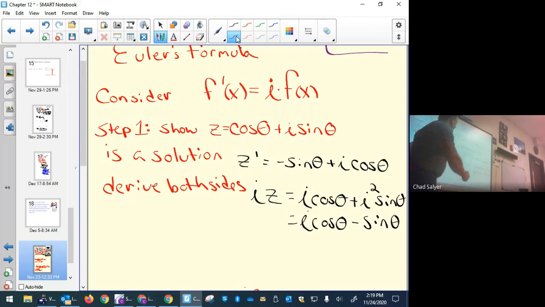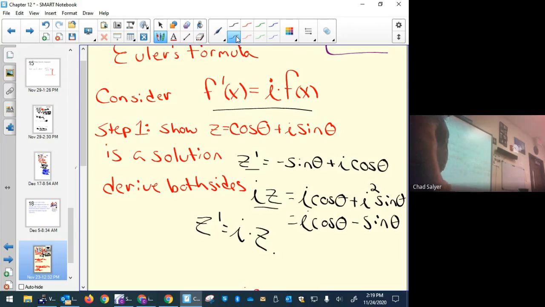These are the same thing. So z prime equals i times z, making it a solution to that original differential equation. If you can't follow this, that's okay. It's one of the great proofs of math history.